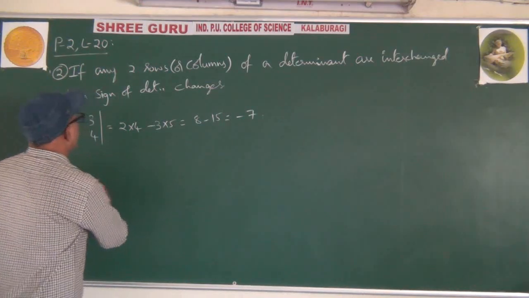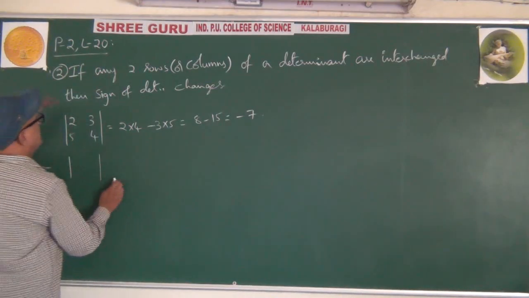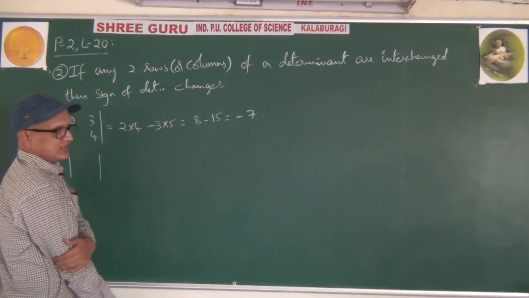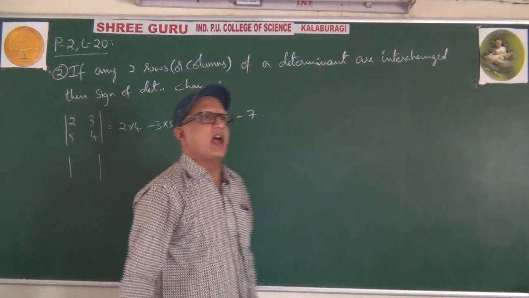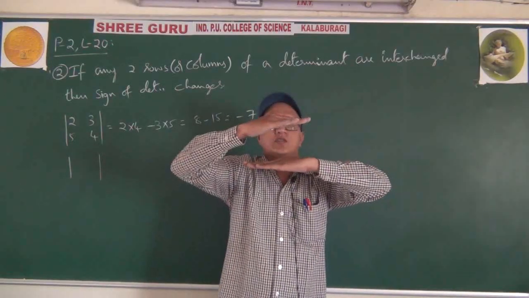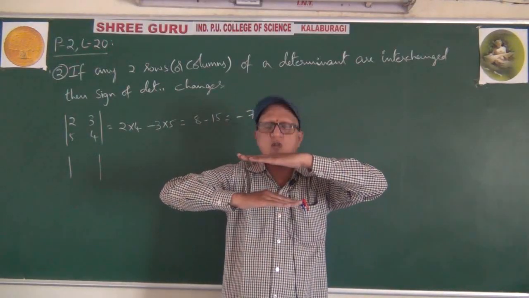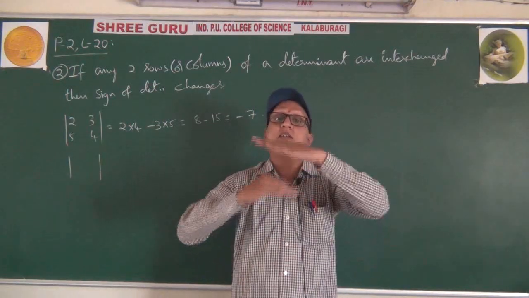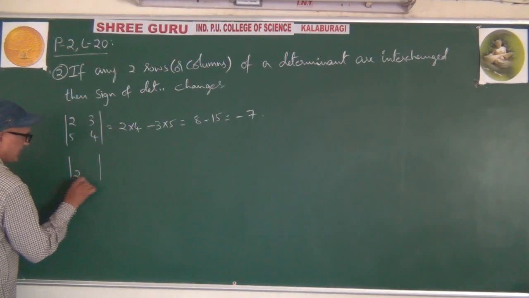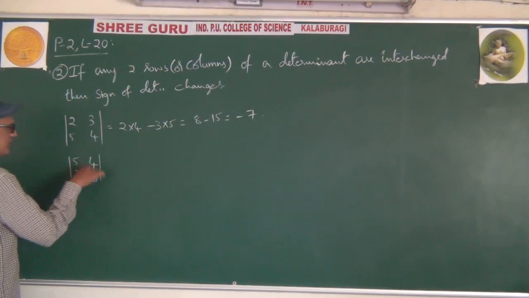Okay. What are they telling? If any 2 rows, otherwise any 2 columns of a determinant are interchanged. Now what I am doing? I am interchanging the first row and second row. The first row becomes the second row, and the second row becomes the first row.